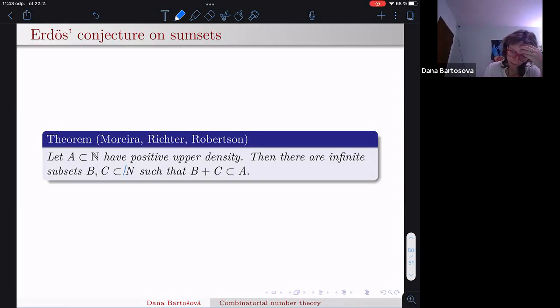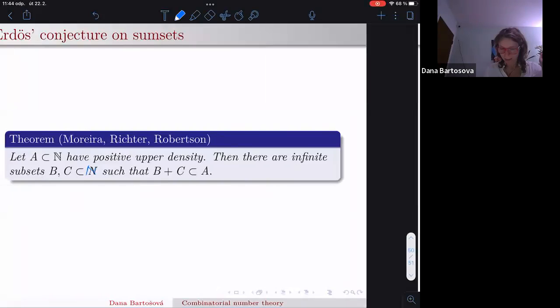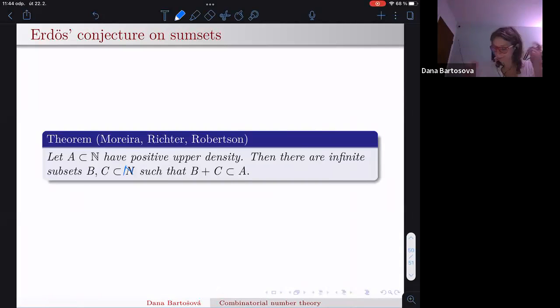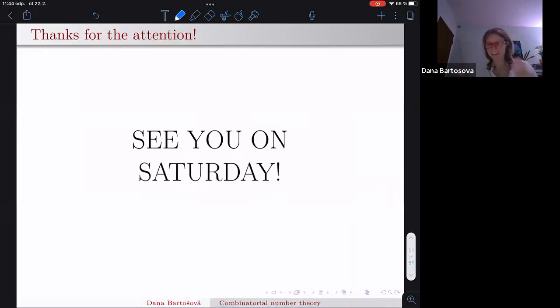So I can find two infinite subsets of natural numbers, such that all pairwise sums from them are a subset of A. Definitely ultrafilters are heavily used in there, together with some probabilistic methods. So this is very, very recent. And now we are open for questions.